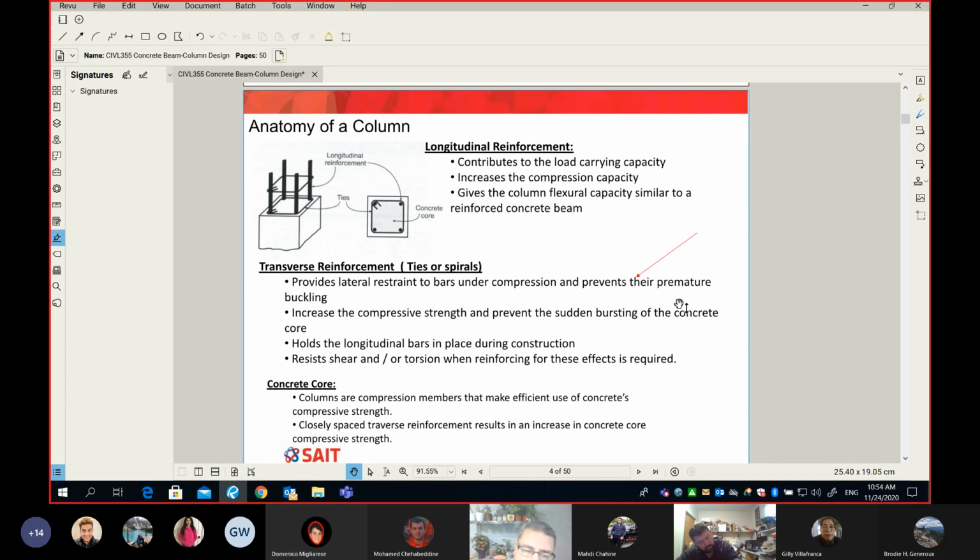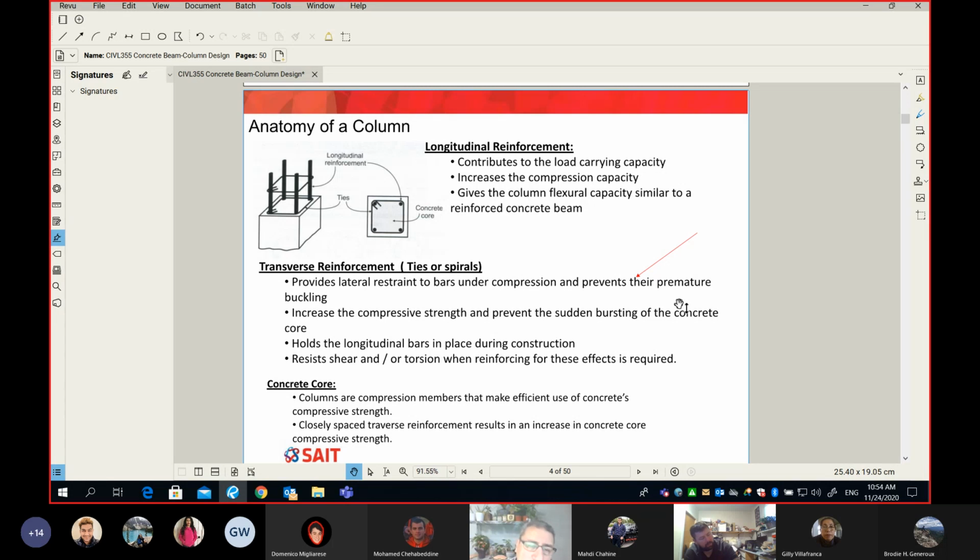Think about it this way: even if we're not worried about concrete, the rebar going anywhere during construction, and we're able to maintain the rebar in place, but without ties. Let's say we came up with some invention that simply maintains the vertical bars in place while we're pouring concrete.